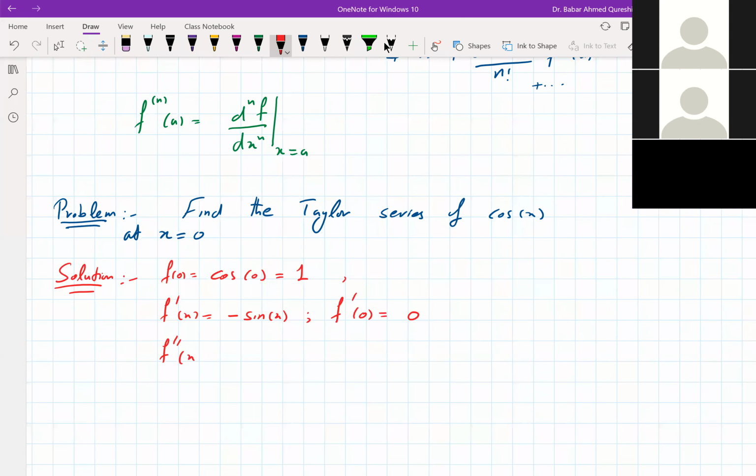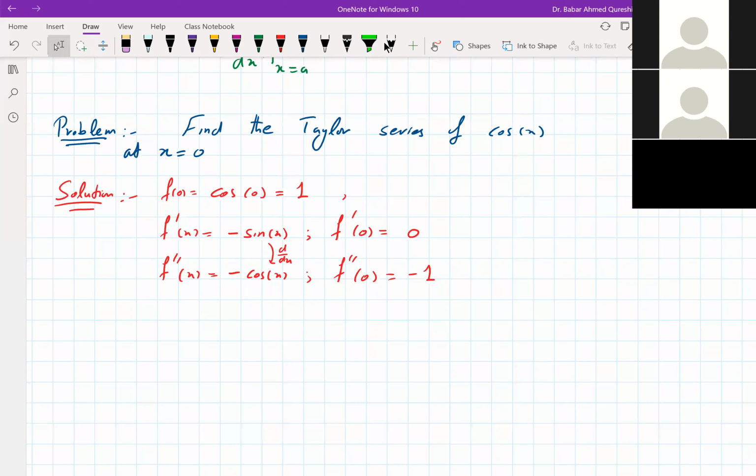F double derivative of x is minus cosine x, because I'm taking a derivative here. And when I evaluate it at 0, I get a minus 1. Then the third derivative gives me a plus sine x, and that evaluated at 0 is again 0.